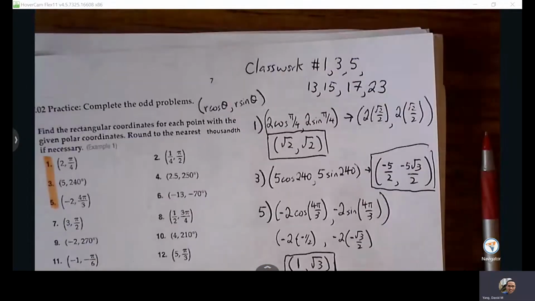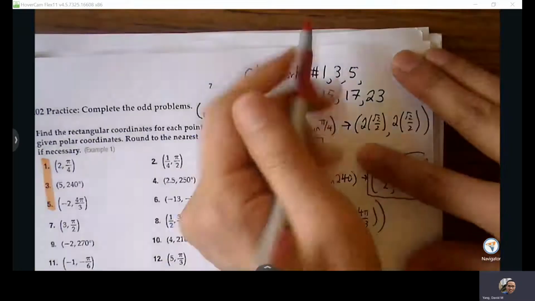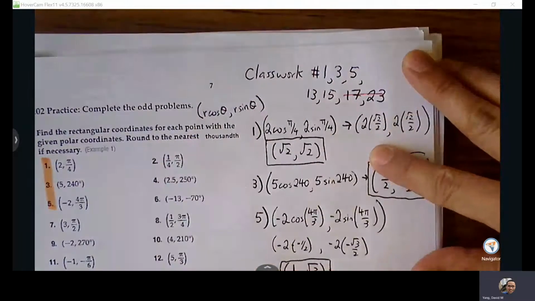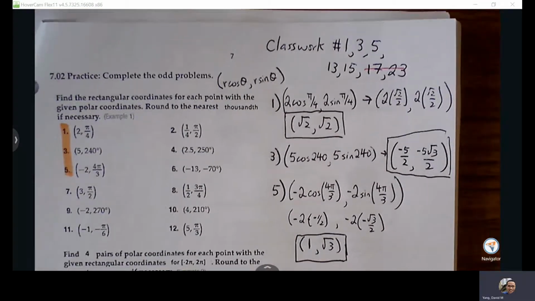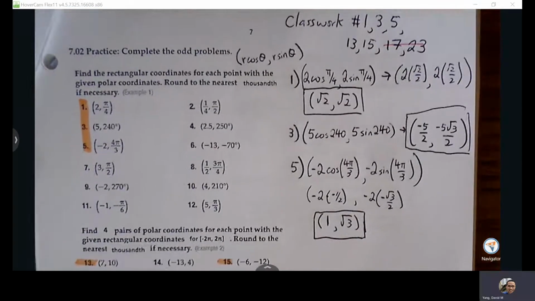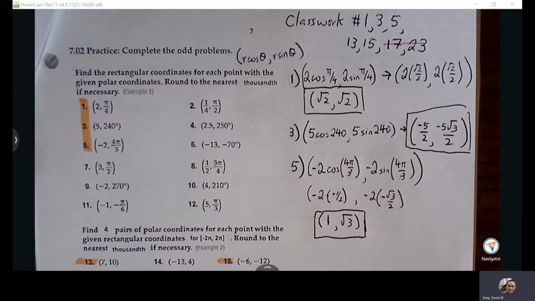Guys, for the bottom half, just do 13 and 15. Okay, just 13 and 15. If you can get through two of them, you have a good idea as to how to do them. So okay. Just 13 and 15, create 4 ordered pairs for each of them.